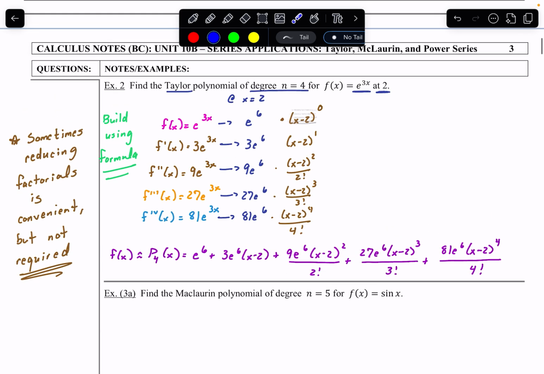I am going to write down our steps really quickly. So kind of the first step in building a Taylor polynomial is to take the derivatives. I'm going to abbreviate some. Then we want to evaluate at the center.